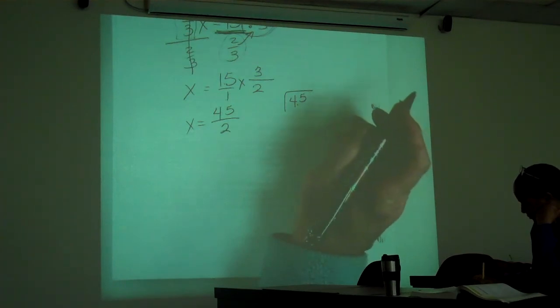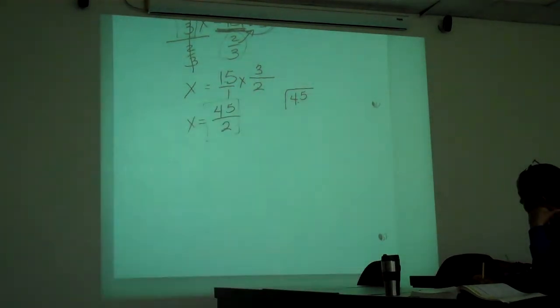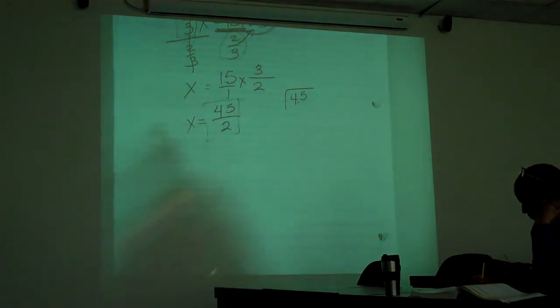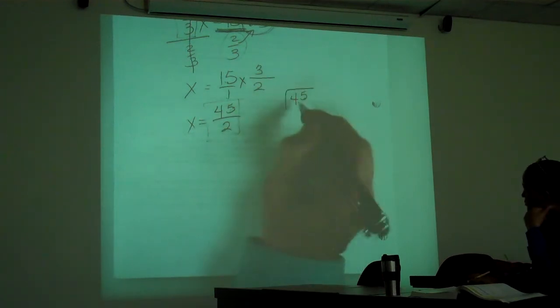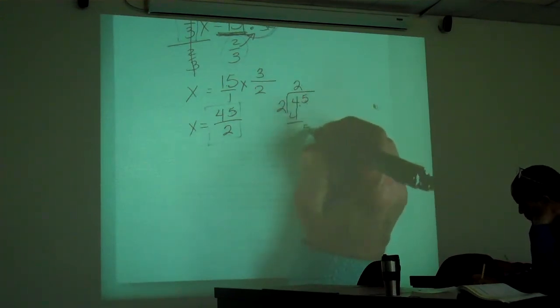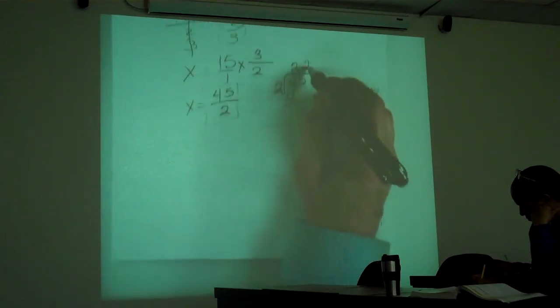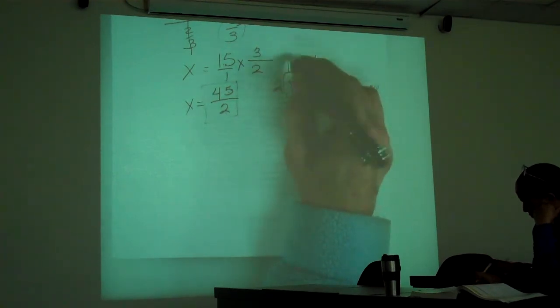It's always the top number that you put under the division when there's a fraction. 45 divided by 2. 2 times 2 is 4. Bring your 5 down. 2 into 5, 2 more times. 2 times 2 is 4. 1 left over. So you have 22 and 1/2, or 22.5.